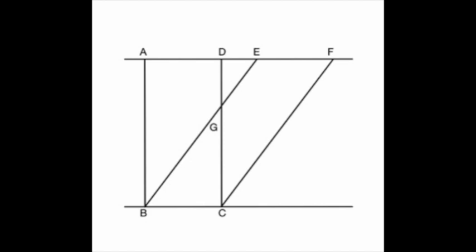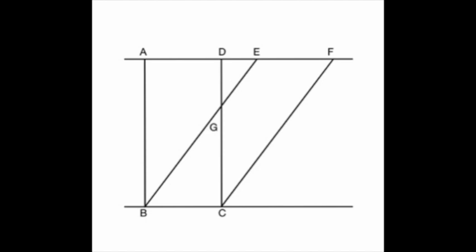But the side AD in the left one is equal to the side EF in the right one because both segments are equal to the segment BC. The two trapezia are related to each other because they are equal in area.